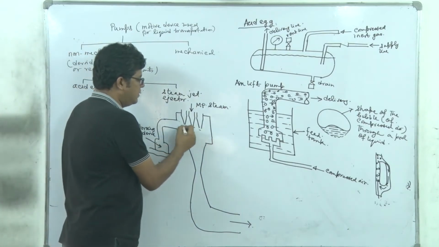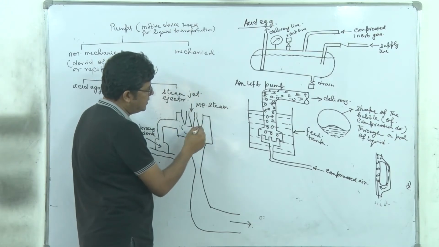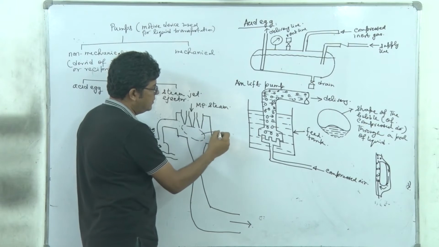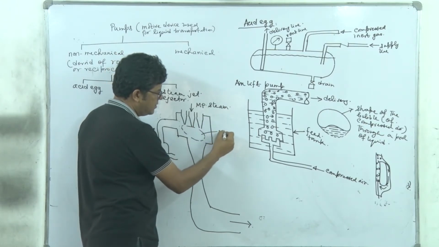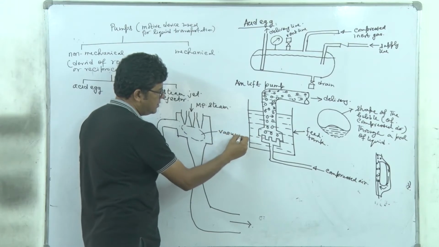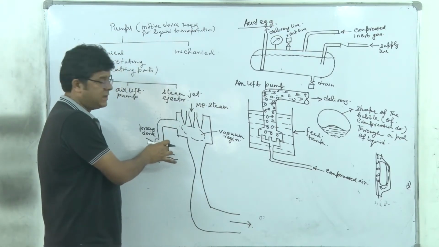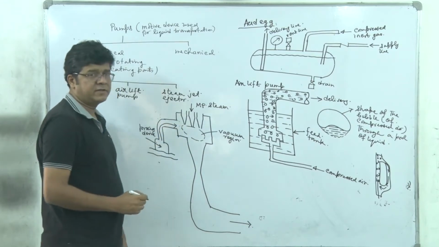In this region, its velocity will be heavily increased and the pressure will reduce. So here in this region, a vacuum will be created. As the vacuum is being created, what will happen? The material from this process device will be sucked in because of the inevitable pressure gradient.